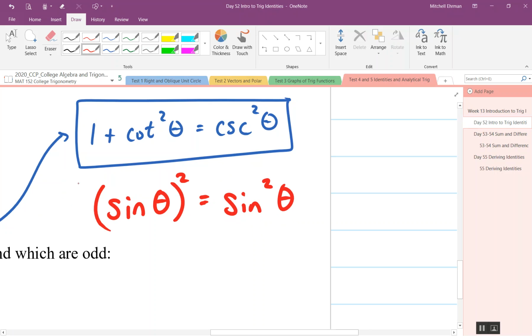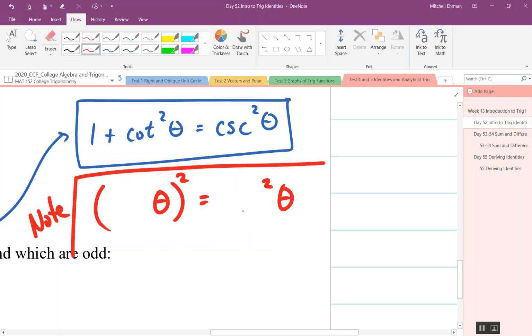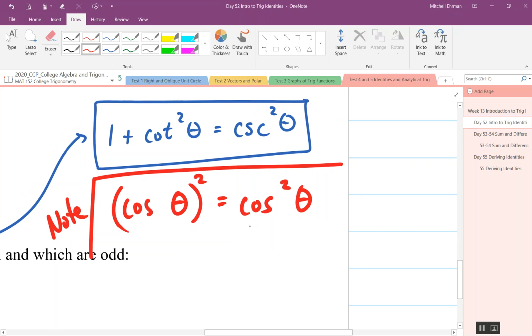So this is just a little side note here. When you have a function that's being squared, on paper we tend to write it as sine squared theta instead of sine of theta squared, or if this was cosine or any of the other trig functions, that would be the same as well. So on paper we tend to write it this way.